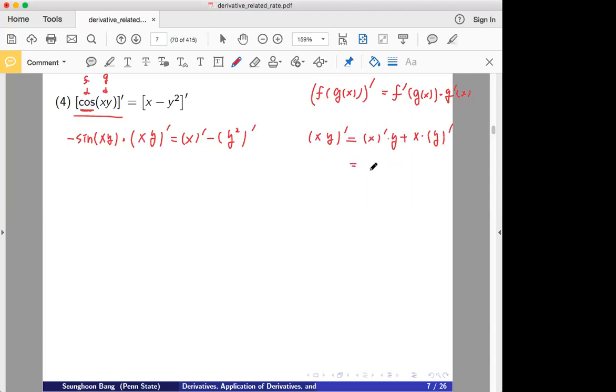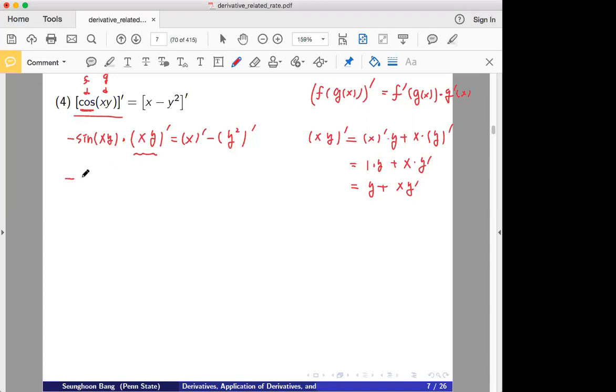What's that? x prime is 1. 1 times y plus x times just y prime. So this is the same as y plus x times y prime. You can plug into here.